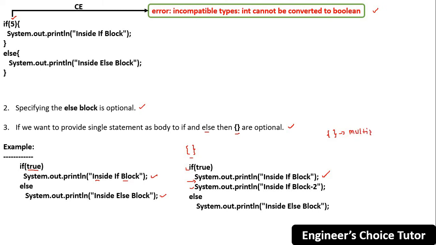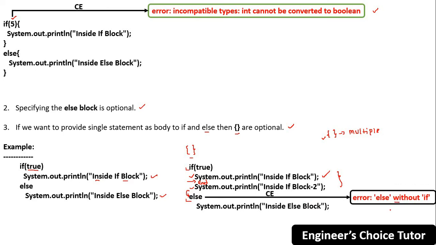Multiple statements. But see here, you have multiple statements, but you are not using curly braces. So the compiler will think, okay, he is using this if and this is the body of the if, meaning only this statement. And when it reads the next line, system.out.println, it will think, okay, this if ended here itself. And then it will check, oh, he is using else. Without if, how can he use else? So you will get an error here.